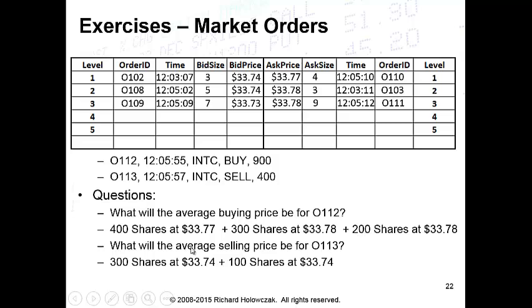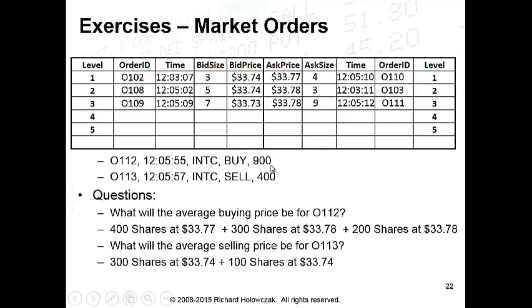Okay. What would the average selling price be for order 113? In order to find that out, we have to discover what the effect order 113 will have on the book. And so here we're trying to sell 400 shares at the market. So the bid side is engaged, and we'll sell 300 shares for 33.74.